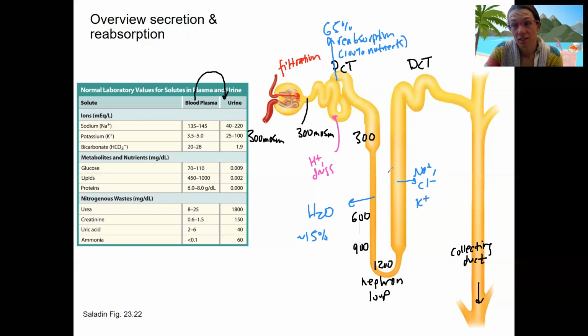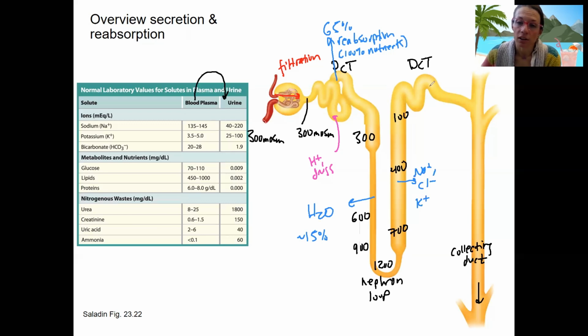And because of this, we are diluting, we're removing those solutes, right? So we're going to reduce osmolarity again. So we're going to have something like 700, 400, 100, super low, right? We'll look at why that is.